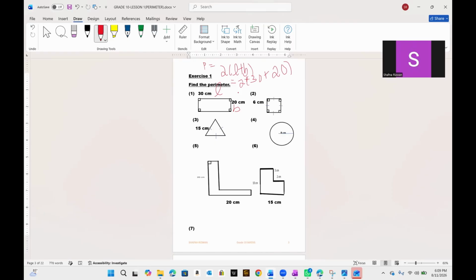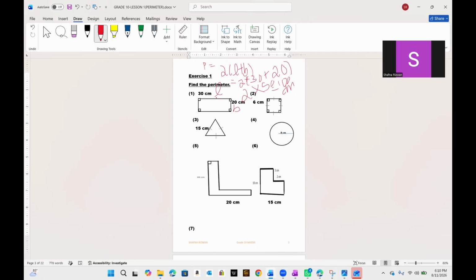So what comes first? It is brackets. So 30 plus 20 is 50. And here multiplication, 2 into 50 is how much? 100 centimeter is your answer for this rectangle.